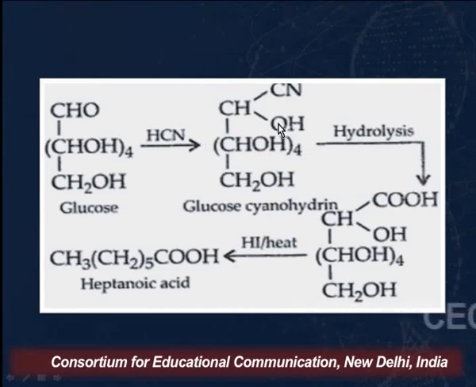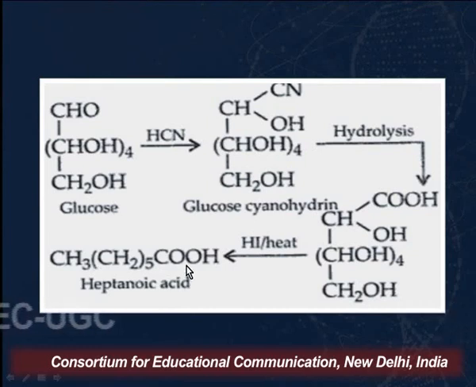And then when the cyanohydrin was hydrolyzed in acidic medium, the CN was hydrolyzed to a carboxylic group. So from 6 carbons we go on to 7 carbons. And then when this acid was reduced with HI on heating, all the hydroxyl groups were reduced and heptanoic acid was formed.